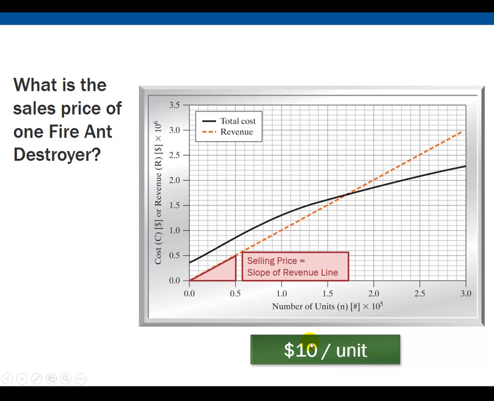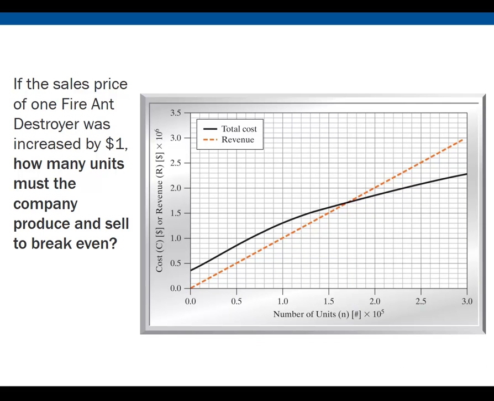Okay, so let's think about it this way. We can sell the fire ant at $10 per unit. But if we sell at $11 per unit, or if we sell at $9 per unit, which one reaches the break-even point much faster? If we sell at $11 per unit, then we can reach the break-even point faster compared to $10 per unit, right?